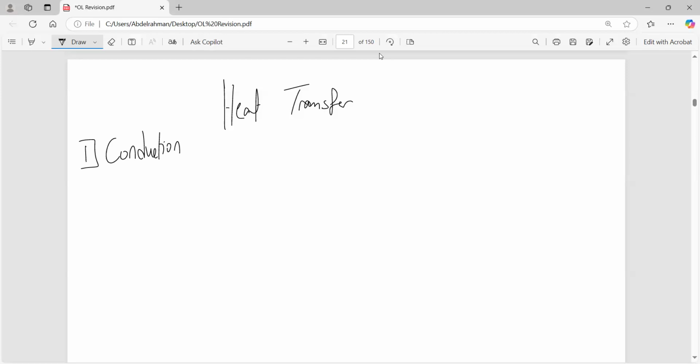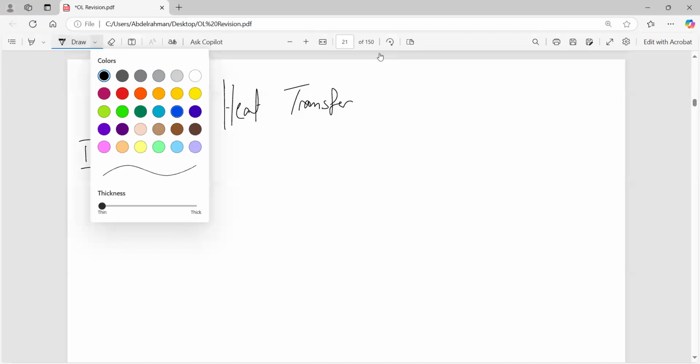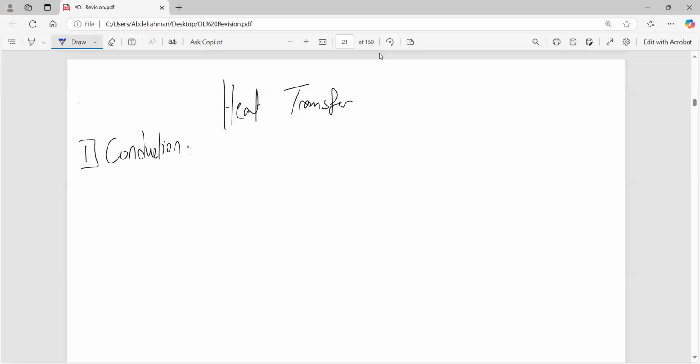So in conduction, conduction is transferring heat by vibration, by vibration through lattice molecules, or we can call it lattice vibration in neighboring molecules, by vibration to neighboring molecules.